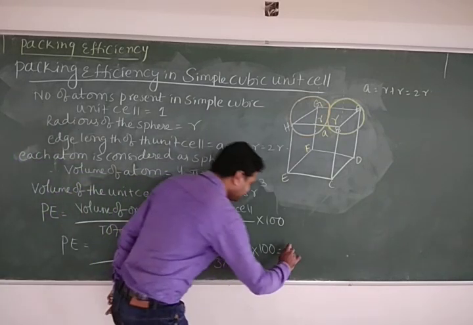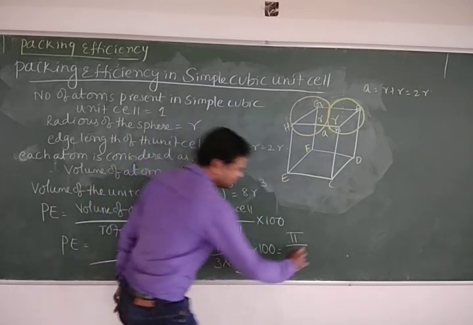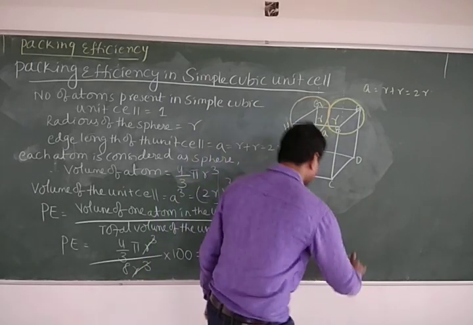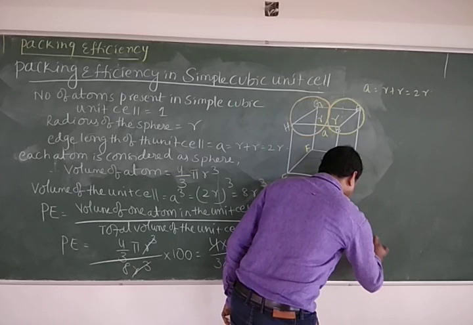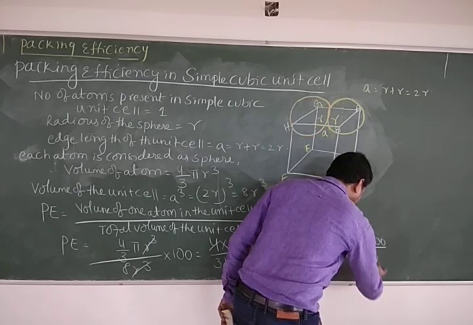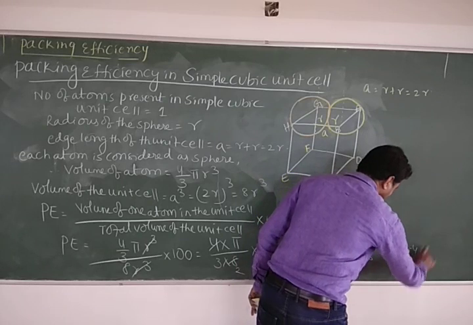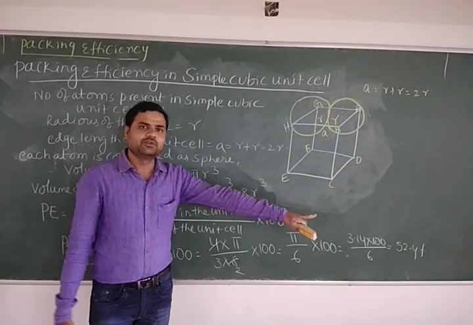So I am writing now pi by 6, because 3 2s are 6. Pi by 6 into 100. Is it clear now? What is the pi value? 3.14. So 3.14 into 100 by 6. You calculate this, you get the answer 52.4%. So the final answer is 52.4%.